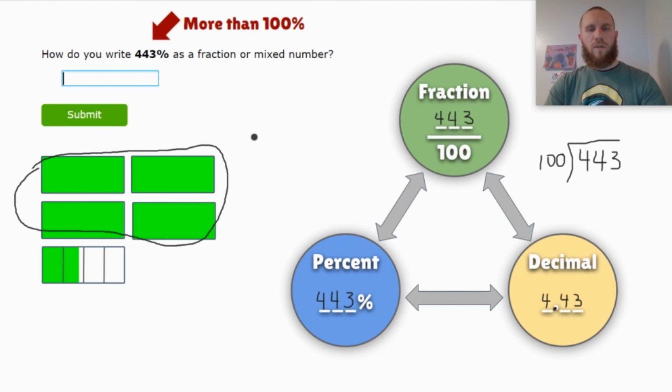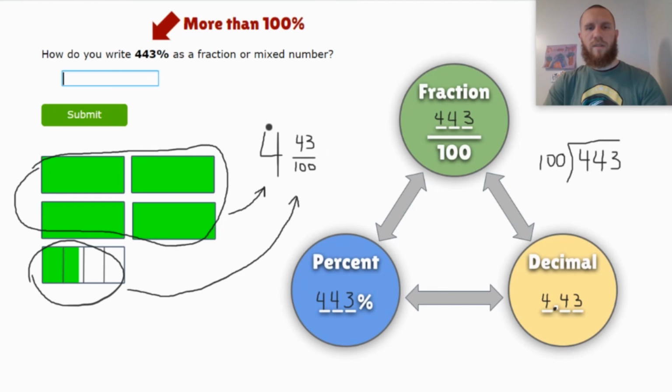This is the whole number as a mixed number. We have 4 whole, and down here we have the fraction that goes with it, 43 hundredths. So the answer could be 4 and 43 hundredths, since this can't be simplified anymore. That would be the mixed number, and that is equivalent to 443 over 100, which is the fraction. So either one of these would be acceptable as an answer.